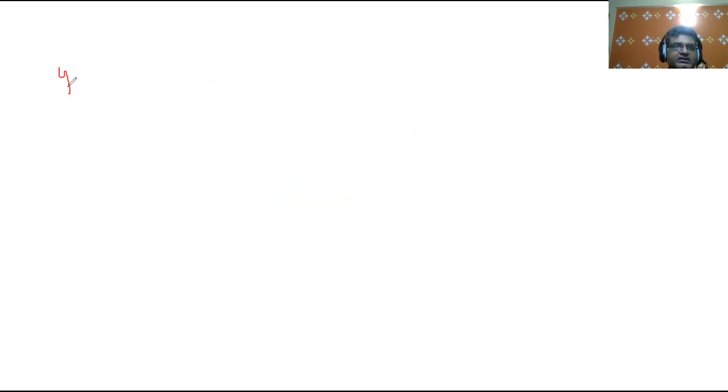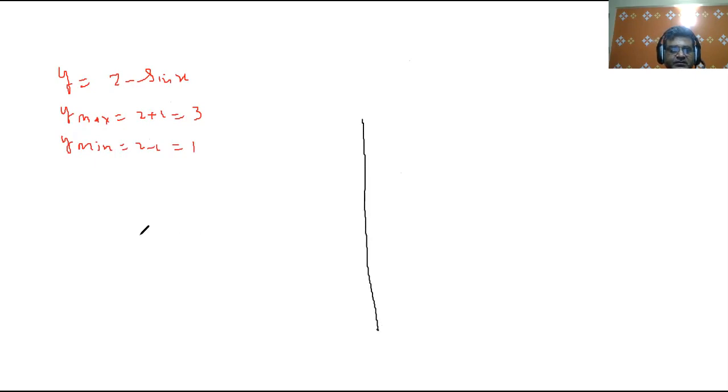Now, how to plot this graph if y is equal to 2 minus sin x? So you can see that y max will be equal to 2 plus 1 is equal to 3, and y minimum will be equal to 2 minus 1 is equal to 1. Now we'll plot this graph like this.